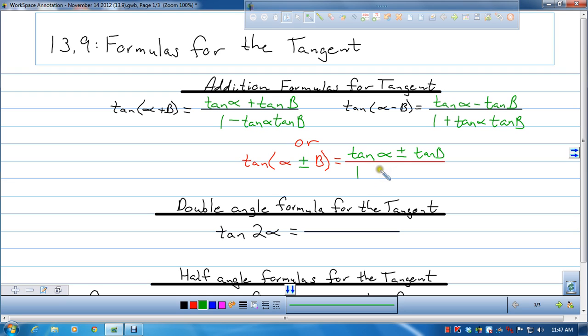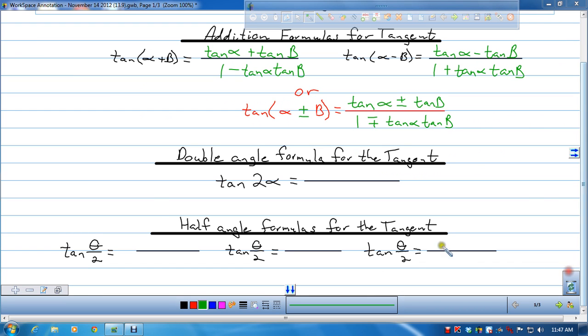Now on the bottom, it will be 1 minus or plus the tangent alpha tangent beta, because if you remember back up here, when we are adding these angles, we actually subtract down here, and when we're subtracting, we add. So the tops stay together, the bottoms stay together. If you want to remember this, or if you'd rather just focus on these individually, either way is fine.